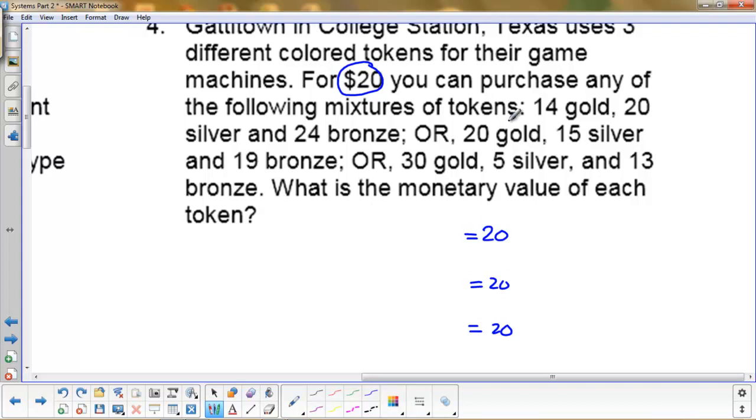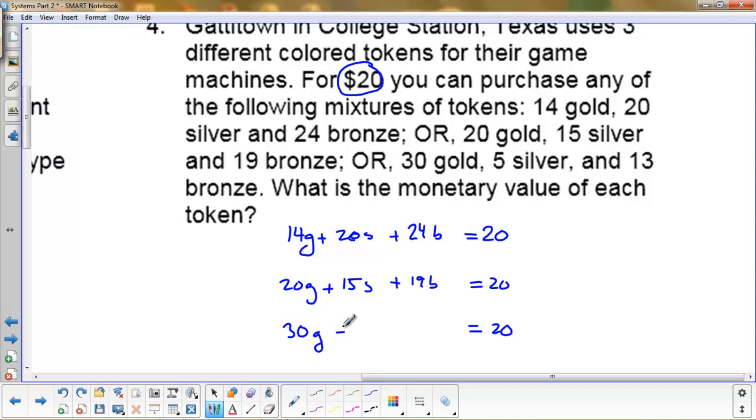All right, so 14G plus 20B plus 20, oh, that should be an S, sorry, 20S plus 24B. And then we've got 20G plus 15S plus 19B.